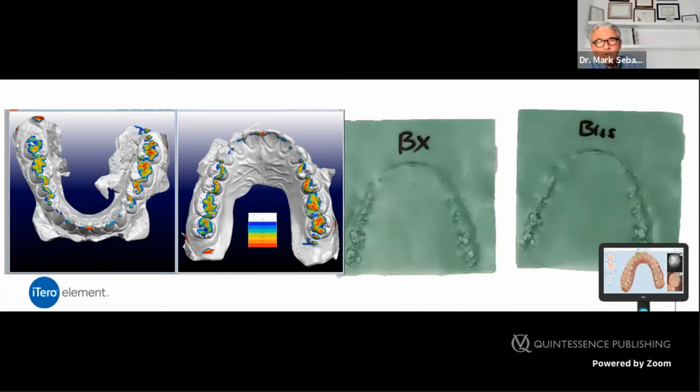Or we can do it the old way, how I learned it in dental school and how Slavicek showed us, that we have too much contact on the front teeth and the molars are not in a perfect condition. So we can easily take a look at the occlusion with these two systems in the office, and we can detect these kinds of problems.